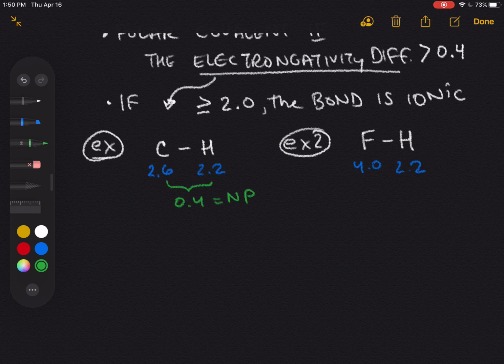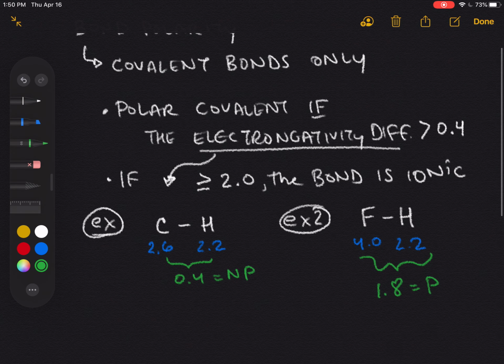And so the difference here is 1.8. So this means that it is a polar covalent interaction. Keep in mind, we're not looking at whole molecules, we're just considering individual bonds first.